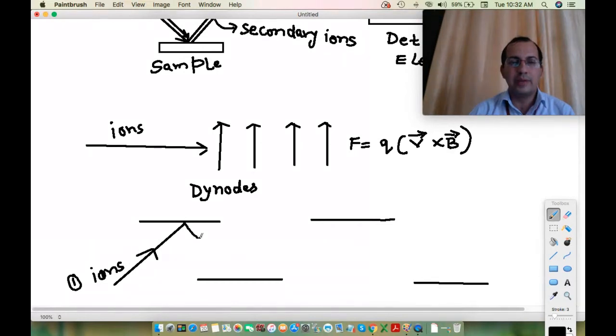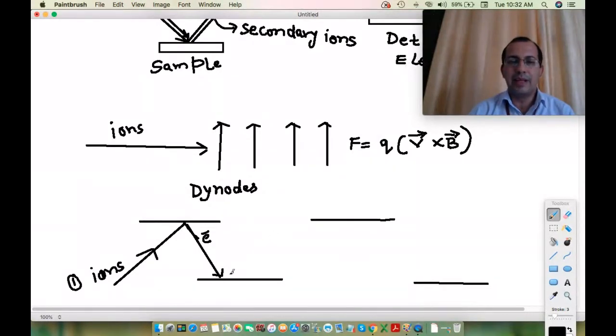Corresponding to one ion, you would have the liberation of electrons. This electron is directed from here, and you would have two electrons liberated.